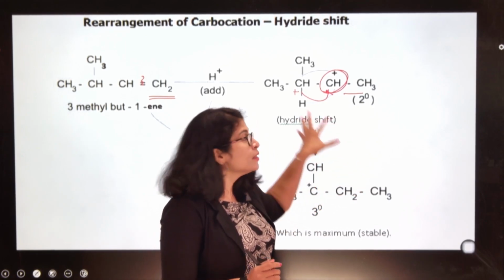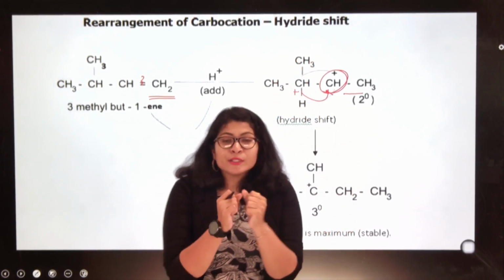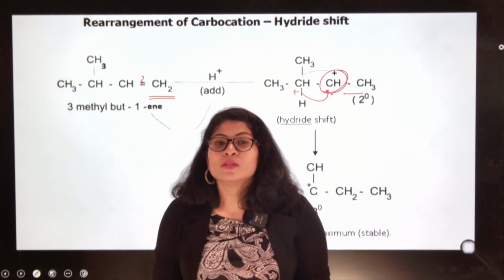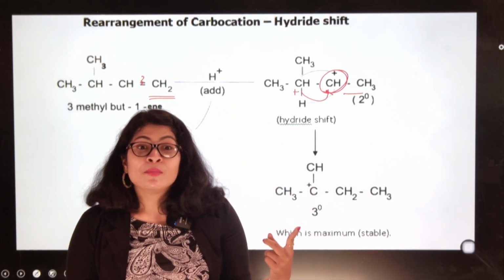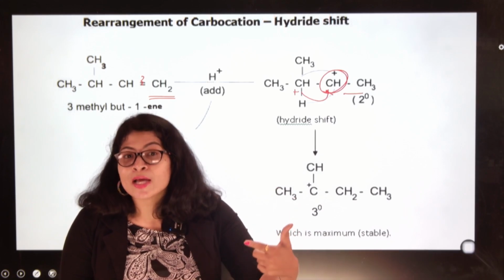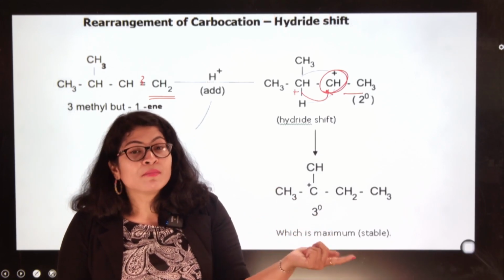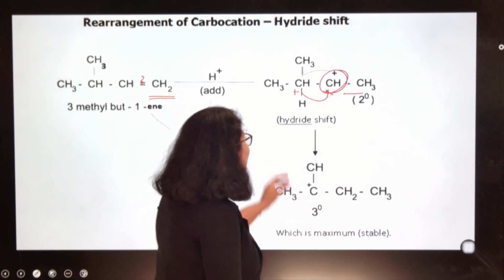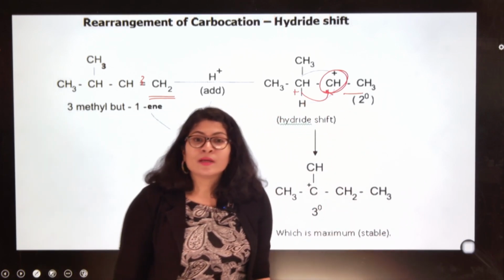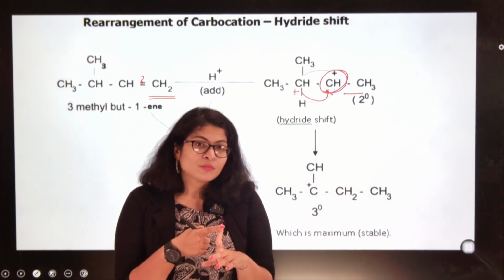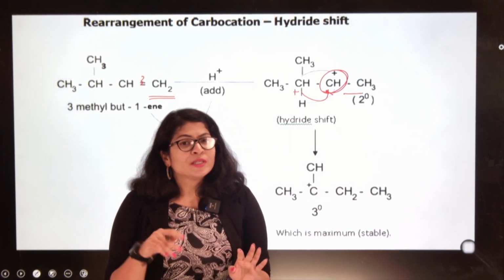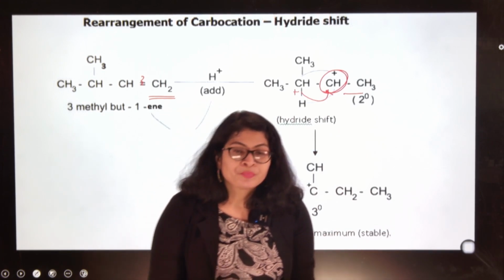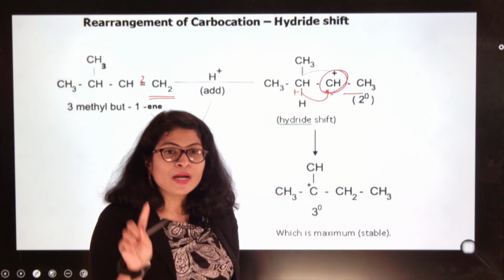So if this carbon sees that by taking a hydrogen from the nearby carbon atom it leads to a 3 degree carbocation, which is more stable than itself, then without any hesitation there will be a hydrogen shift. If there is a probability of CH3 shifting also, then that will also happen. Mostly hydride shift and methyl shift.